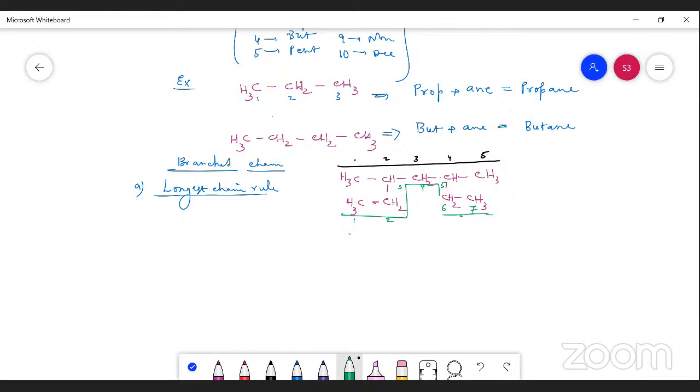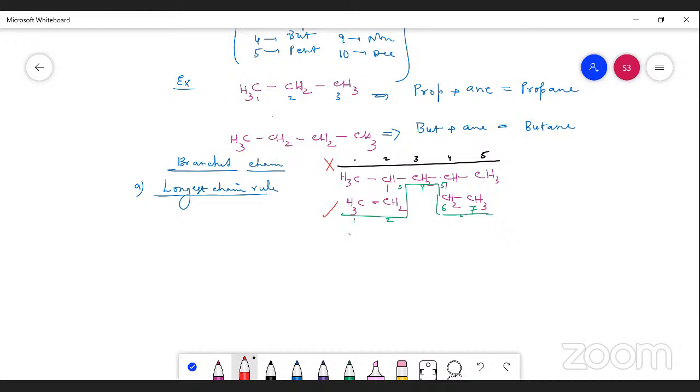Total 7 carbons in the main chain. So according to the longest chain rule, the chain which has the larger number of carbons, we have to consider as the parent chain. As per that logic, this is the main chain and this is not the main chain.